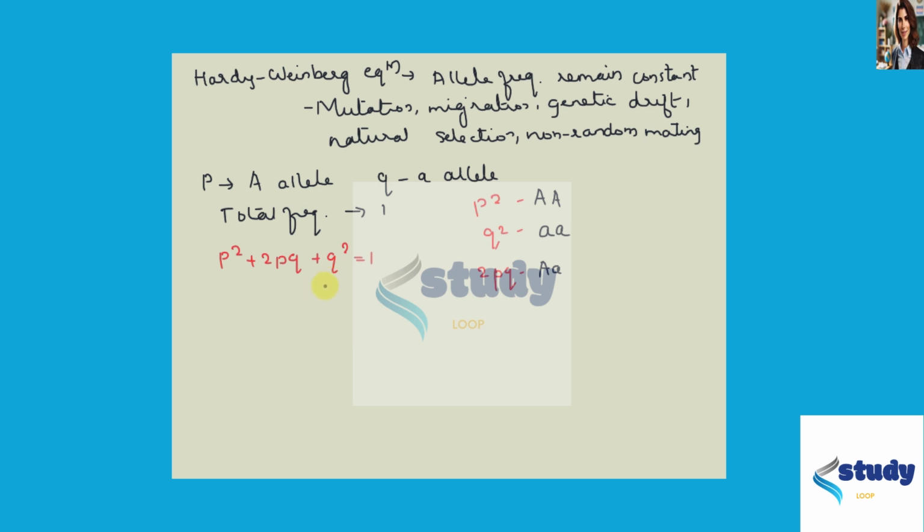So in this population, P square is equal to 0.25, Q square is equal to 0.25, and 2PQ is equal to 0.5.